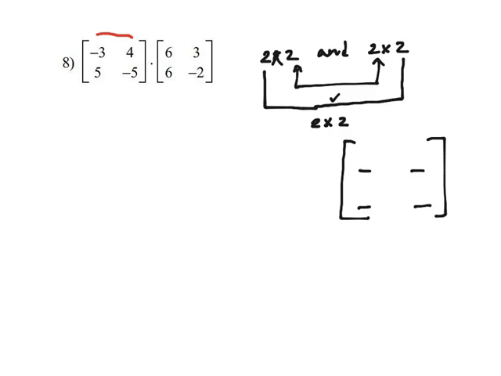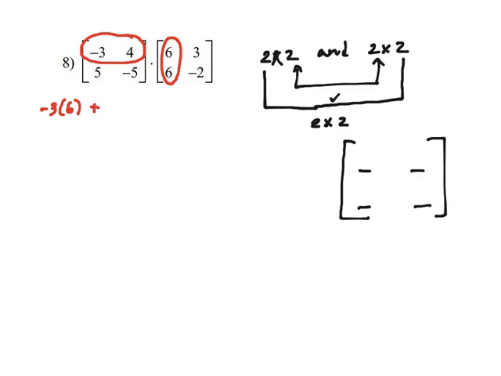First, I'm going to start with the first row. Okay, so the first row and the first column. First row in the first column is made up of -3, 4, 6, and 6. So I'm going to multiply the first numbers together. So -3 times 6.